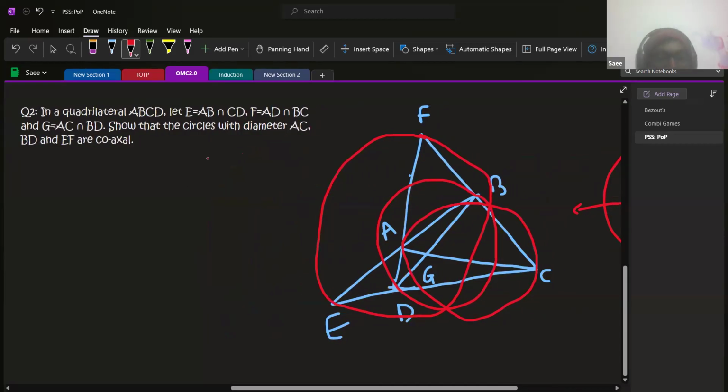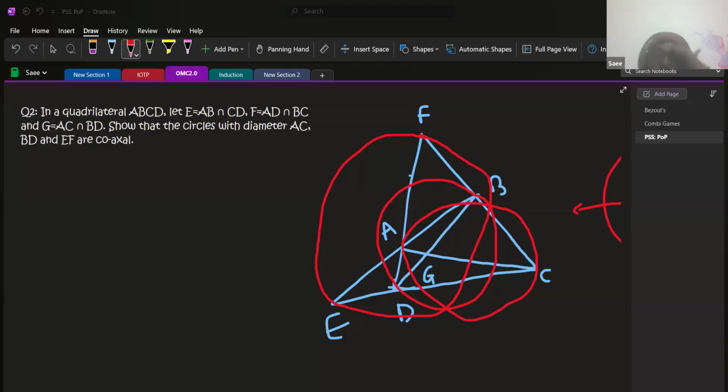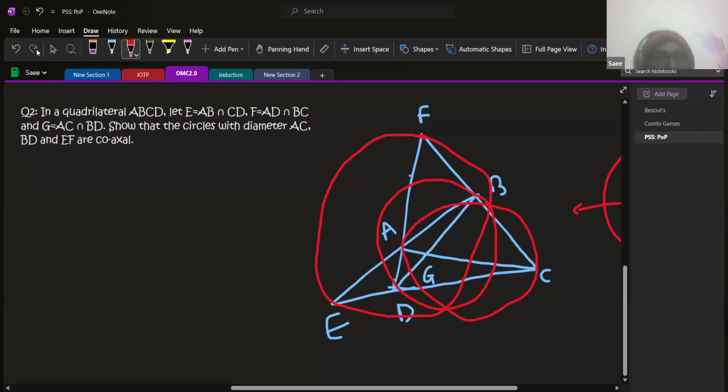Okay, so coming back to this question, you want to show that these three circles are coaxial. Again, it's very similar ideas to the other question. Well, let's wait for you guys to get something. So what are some strategies by which we can approach this question?